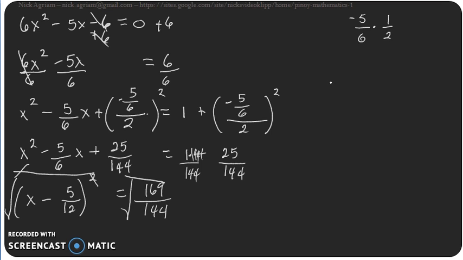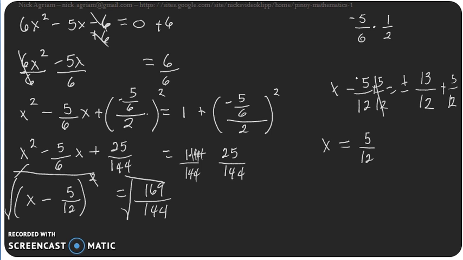then we have x minus 5/12 is equal to plus or minus the square root of 169, that is 13, and then 12. We add 5/12 to both sides of the equation. So our solution now is x is equal to 5/12 plus or minus 13/12.